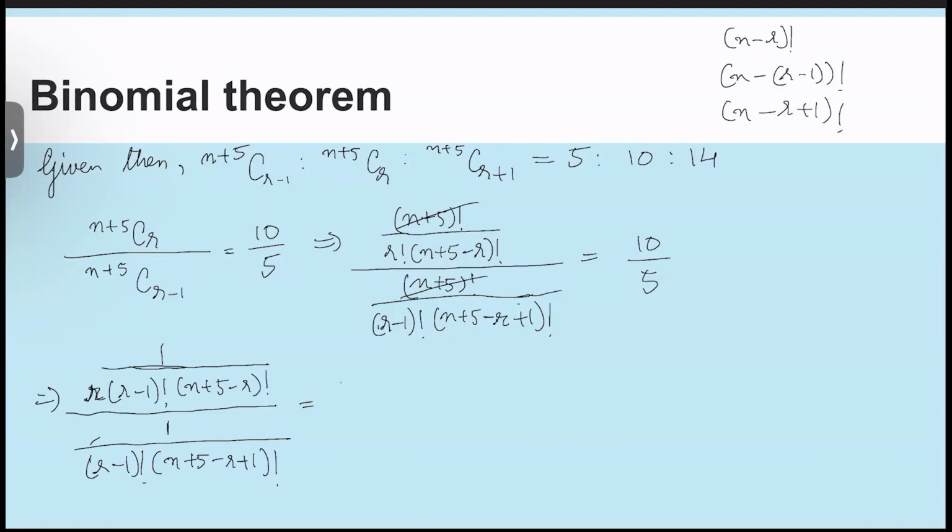Okay, so this would be equal to 10 by 5. So over here again you can cancel out r minus 1 factorial.